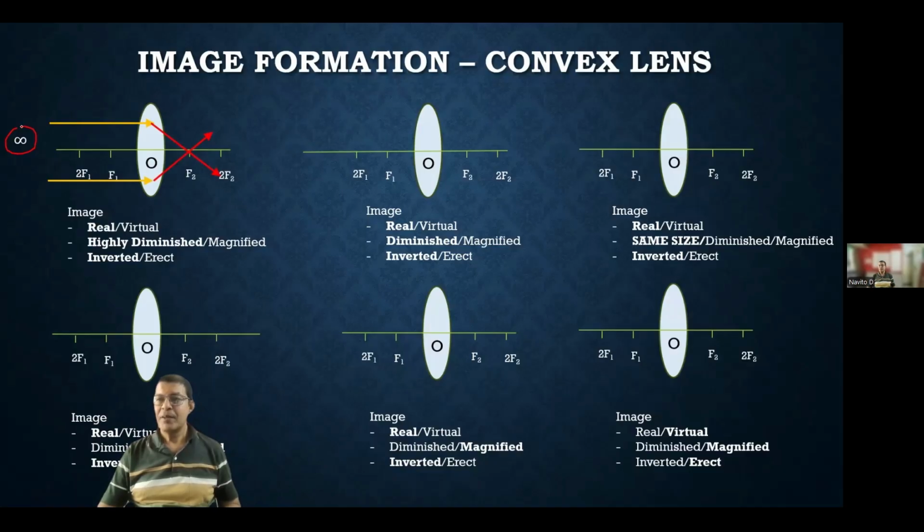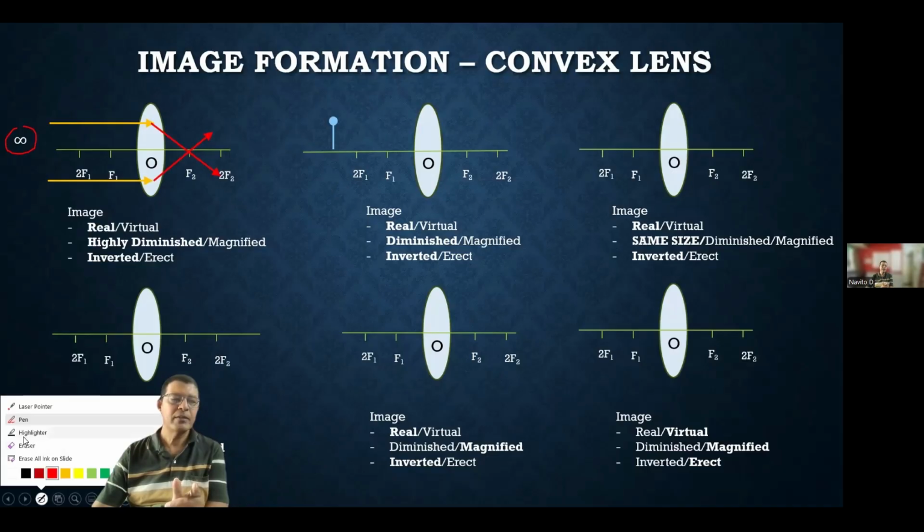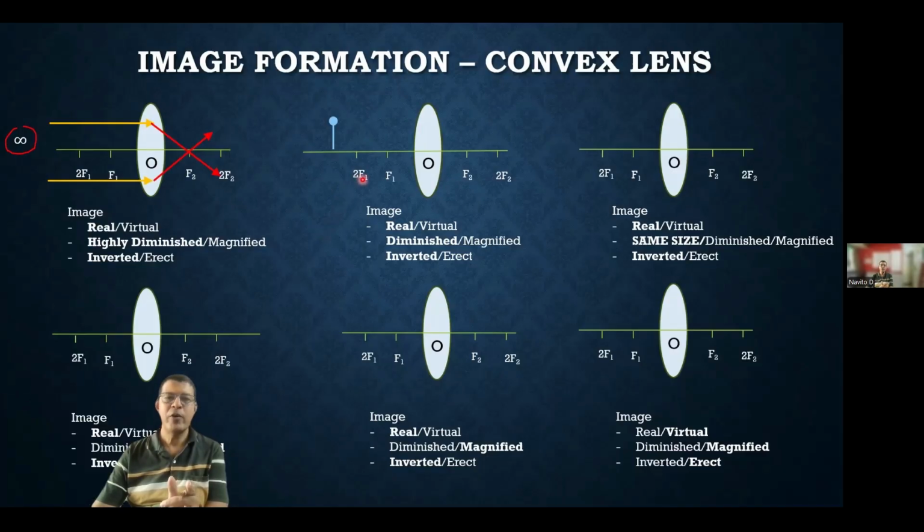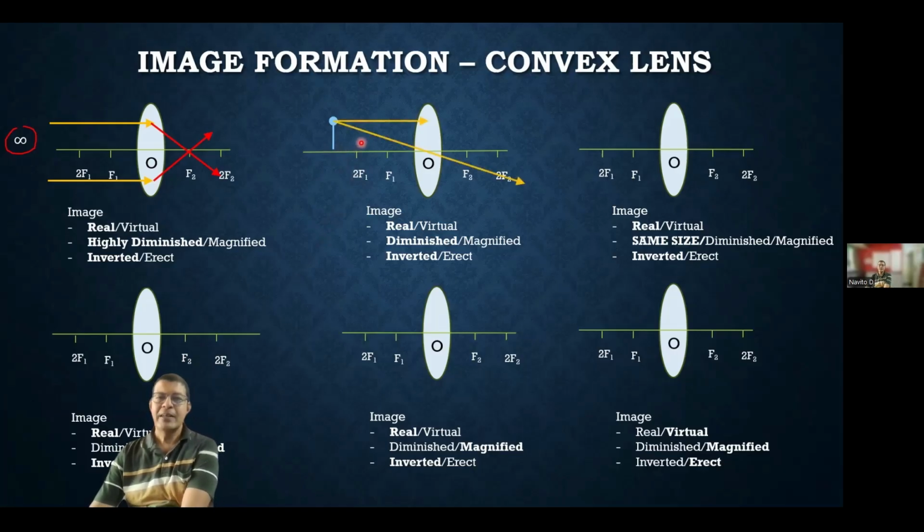The second image formation, when the object is at a finite distance beyond 2f1. Let me take a laser pointer at 2f1. At a finite distance, the ray of light comes, one parallel and one going to the optical center, so that we can see where they intersect.